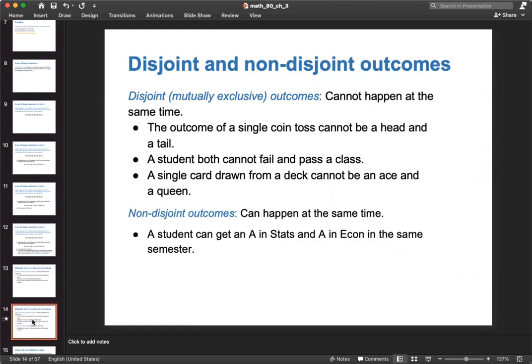Whereas if you got both an A in stats and a B in stats in the same semester, those two are mutually exclusive outcomes. They're disjoint. And like I stated before, every time you see a concept, try to think about a specific example.